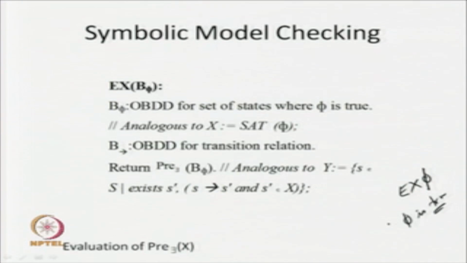Now we simply evaluate exists of B phi. This is analogous to Y equal to the set of all S such that we have a transition from S to S dash, where S dash belongs to X. So we simply use this pre-exists X.